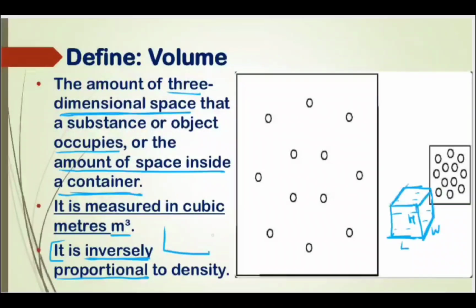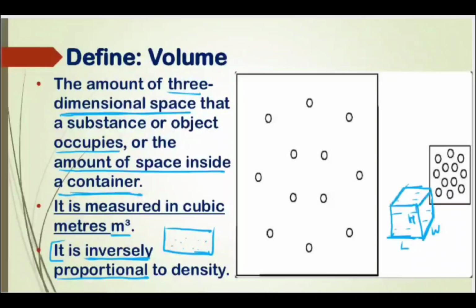If I take a larger box and keep the number of particles the same, the particles will tend to spread out all over the space, or rather there will be empty space, so the number of particles will seem less in a bigger area, so the density decreases if I increase the space.